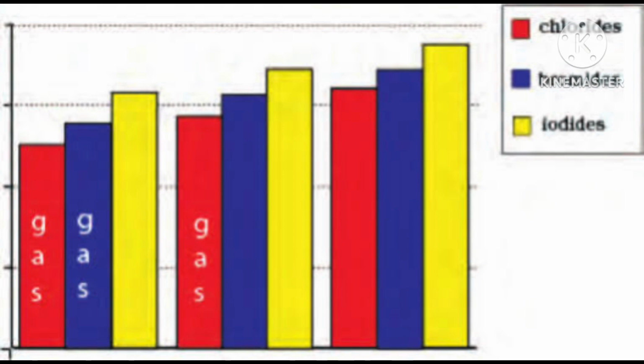Bromo, iodo, and polychloro derivatives of hydrocarbons are heavier than water. This is again an important point.